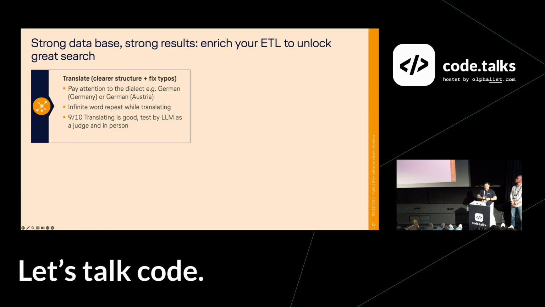All right, how do we enrich our data in the ETL pipeline? First I'll show you the translation. This is important. As I told you before, we build different indices in different languages, and therefore we have to translate some data for those indices.